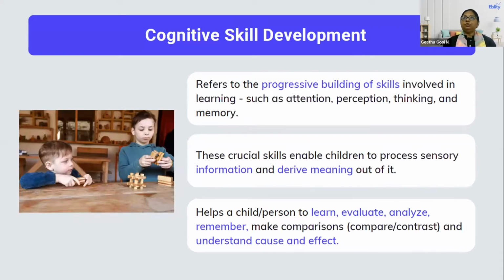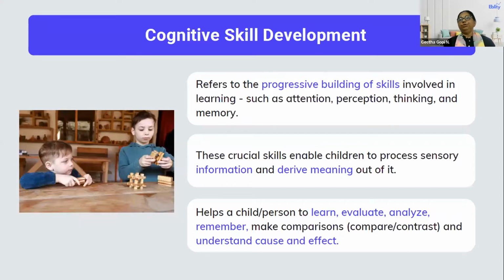And what it does to a child or a person is, it not only helps them to learn about the world, it helps them to evaluate, to critically analyze things that they've seen, heard, felt, to remember these things over time, so that when they need it, they can retrieve it and apply it into situations as necessary.